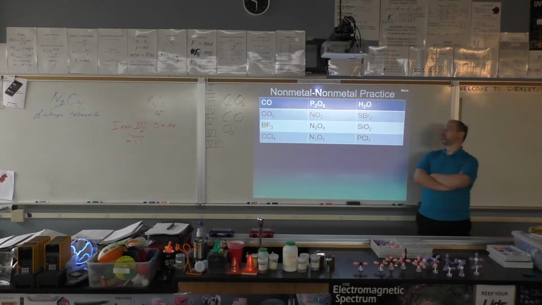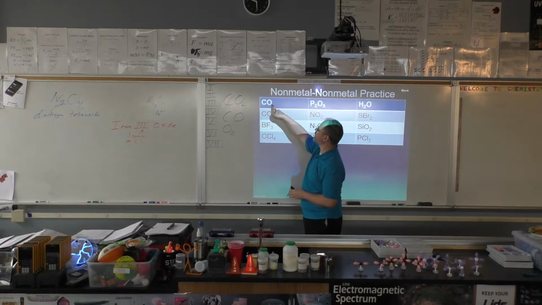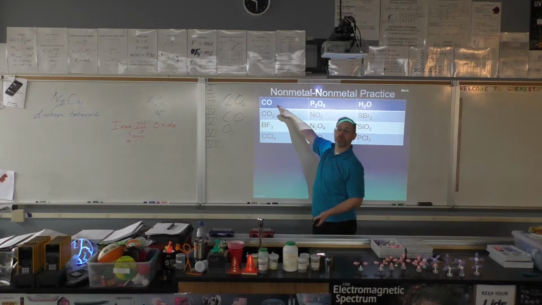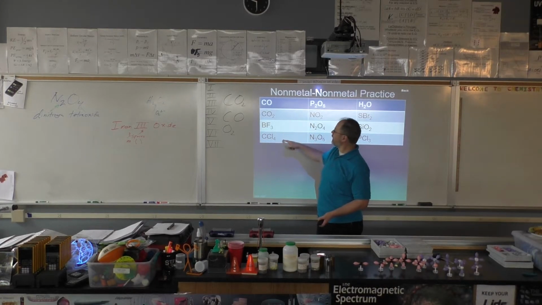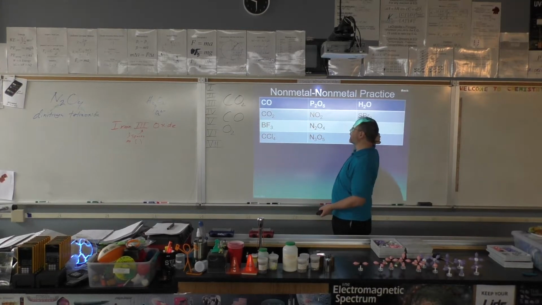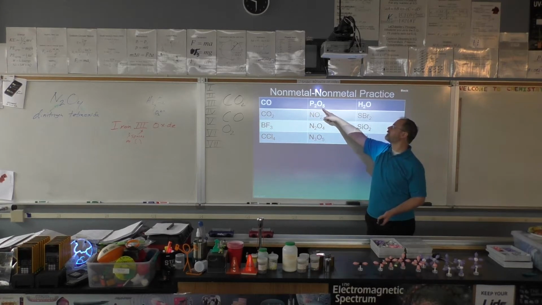All right. So these guys we've already done. What's this? Carbon monoxide. This one? Carbon dioxide. This one? Boron trifluoride. This one? Carbon tetrachloride. Now here, this is not a 1, so we do need to say what this is.